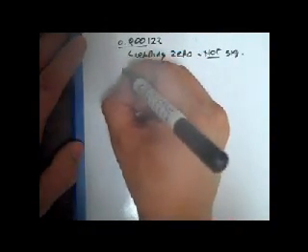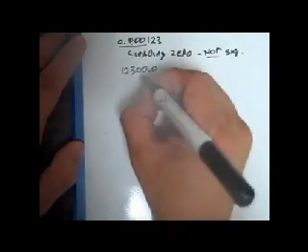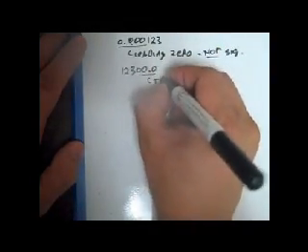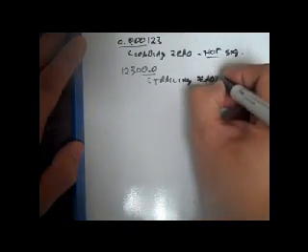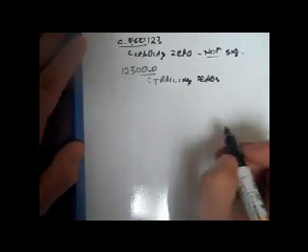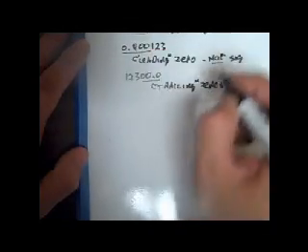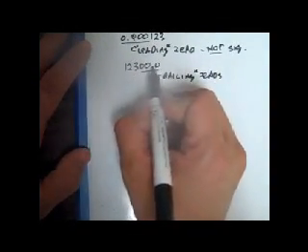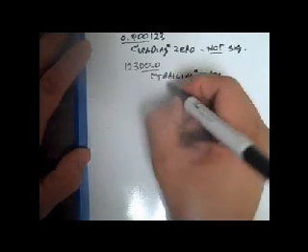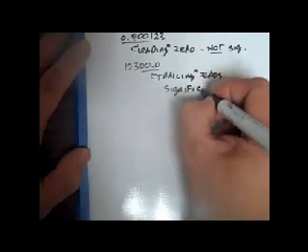Now, if you have a number that looks like this, these are known as trailing zeros. These are trailing zeros. These are leading zeros. Now, because they appear to the right and they have a decimal point, these are considered to be significant.